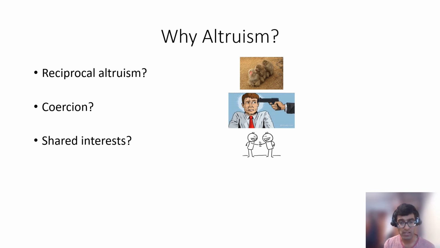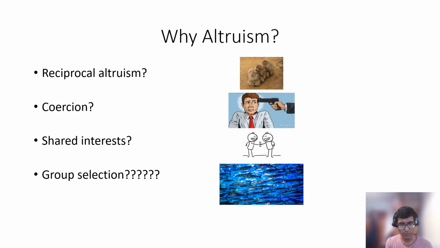Another is shared interests. So if organisms actually simply share an interest, like perhaps parents do with looking after their own offspring, then of course they'll help the other individual because they're actually getting a benefit. Again, arguably this isn't altruism because they're not suffering a cost, but it's a reason that we might see organisms helping each other in nature.